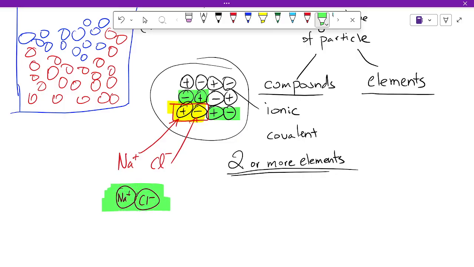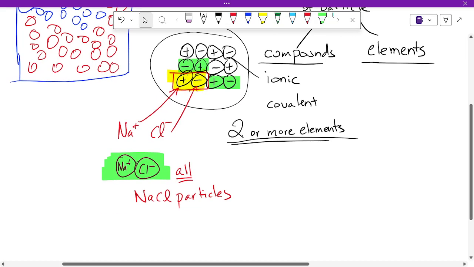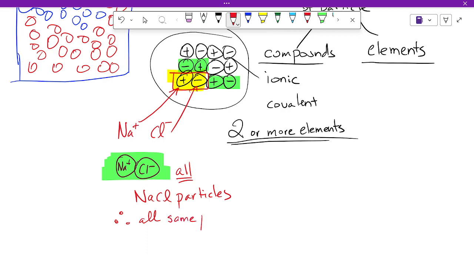Yes, they're all NaCl. And if they're all the same particles, then is it pure or a mixture? Pure.